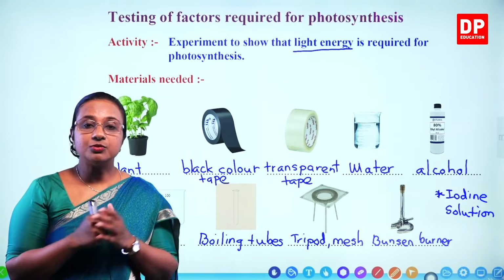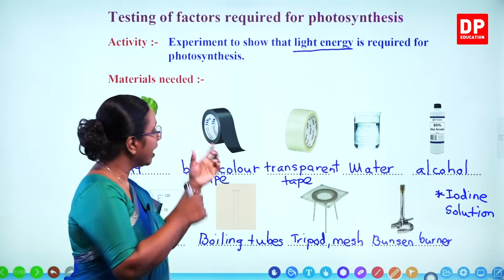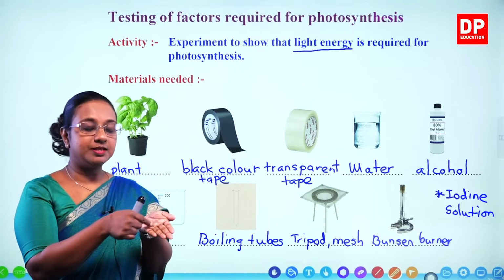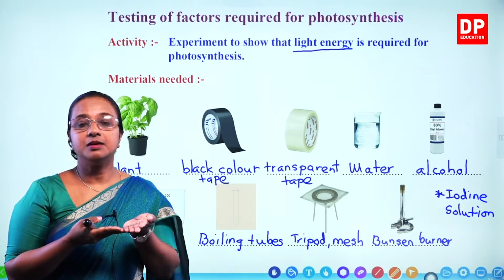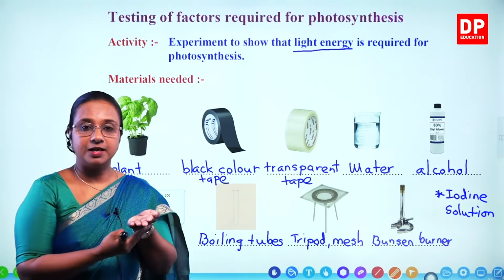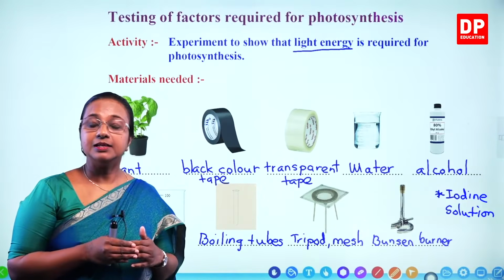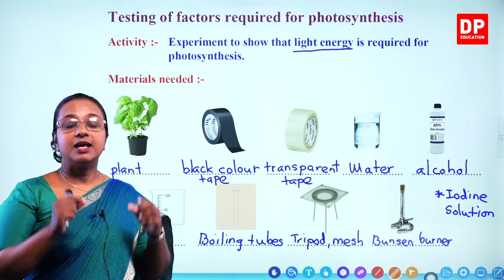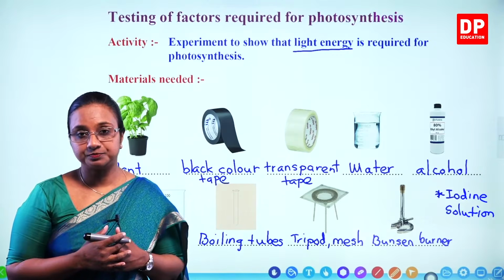So we select 2 such leaves and then we cover one part of the leaf, like say the middle part of the leaf, on the top surface and the lower surface, we put this black color tape so that light does not penetrate into the leaf.